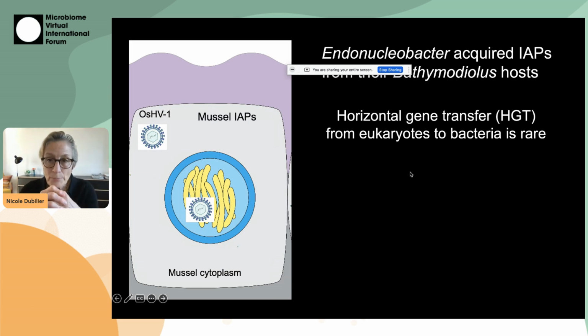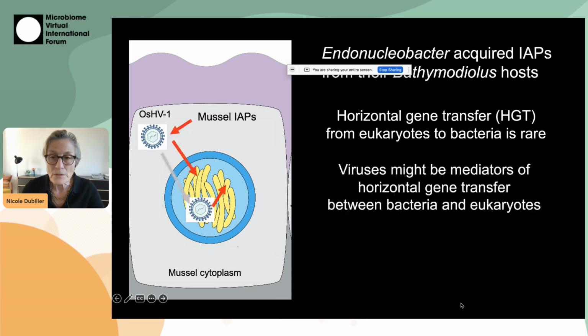This is surprising because horizontal gene transfer from eukaryotes to bacteria is rare. Eukaryotes, as a rule, don't have a lot to offer bacteria in terms of their metabolism. It's more the other way around. But what eukaryotes can offer to pathogens is ways to protect themselves against immune systems.